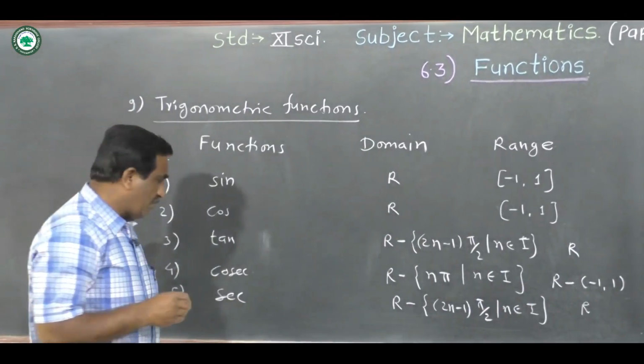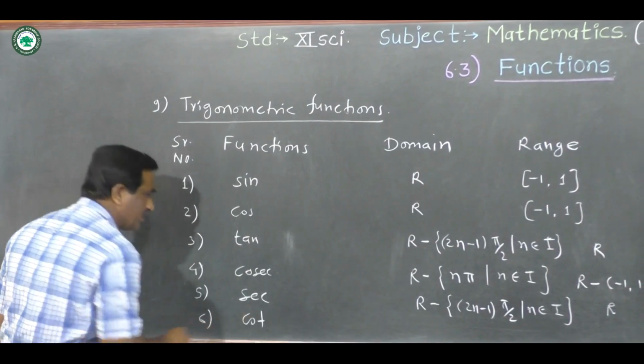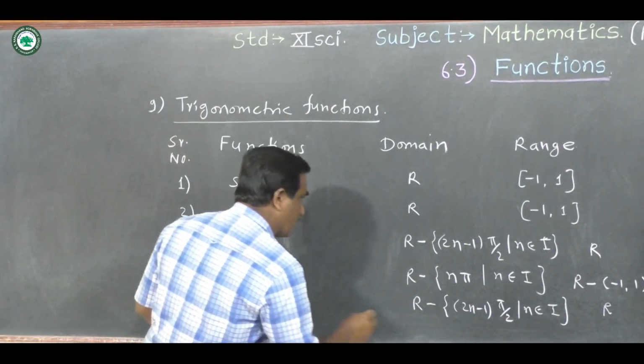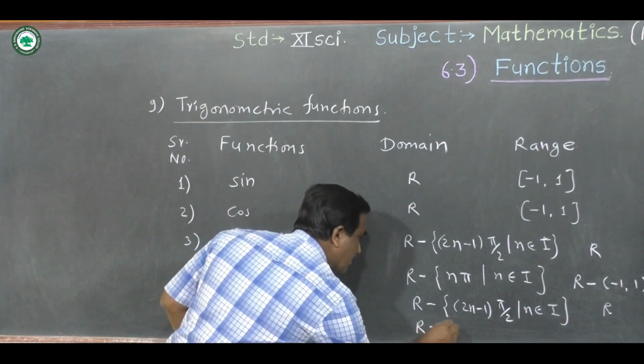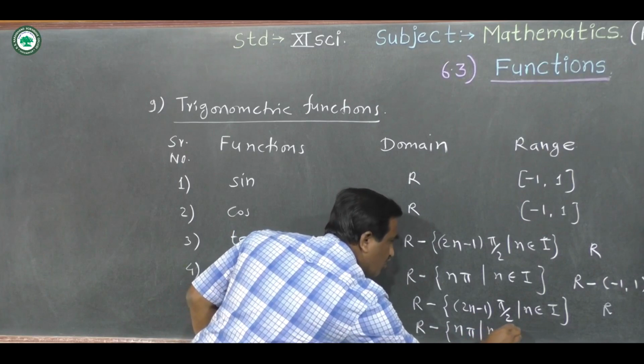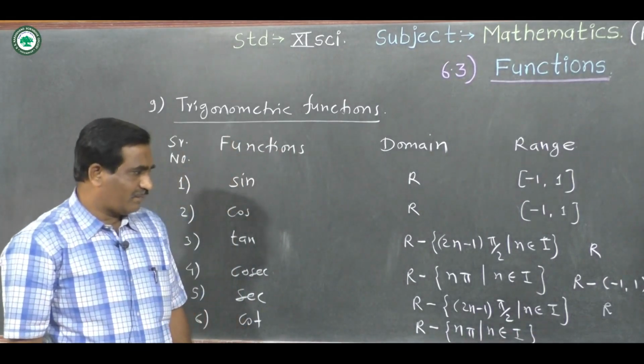Okay, the last trigonometric function is cotangent. The domain for this function, again we can write here, R minus, in curly bracket, n pi, such that n belongs to I. Bracket complete.